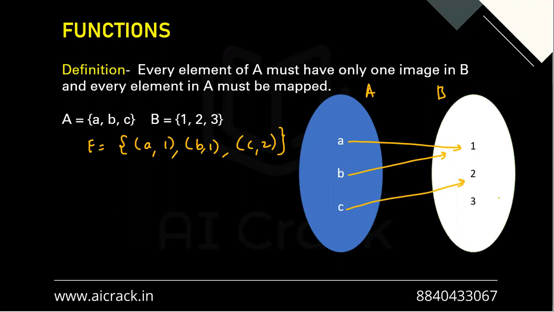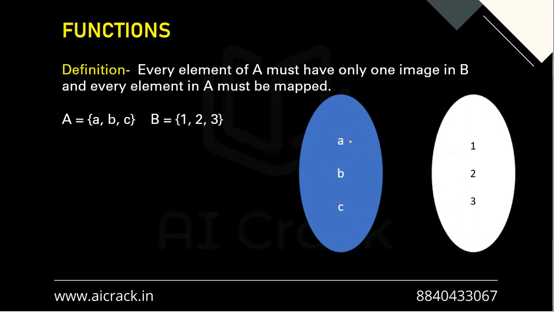Now the interesting point is, in case of set B, there can be elements which are left out, like over here, 3 is left out. It's not being mapped. But in case of A, every element should be mapped and has only one image. It cannot have two images. It cannot be like this. This is not possible. If this is the case, then it's not a function. It's simply a relation. All right. So all these elements are being mapped.